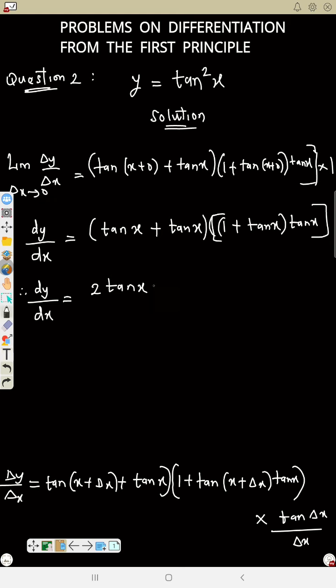Into, if you use this tan s to expand the brackets, this becomes tan s plus tan square x.